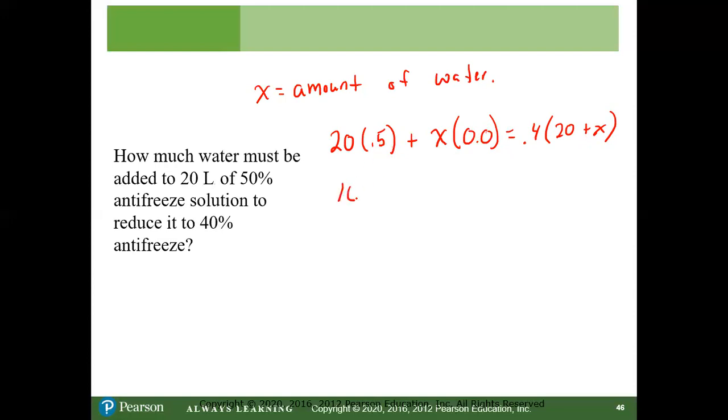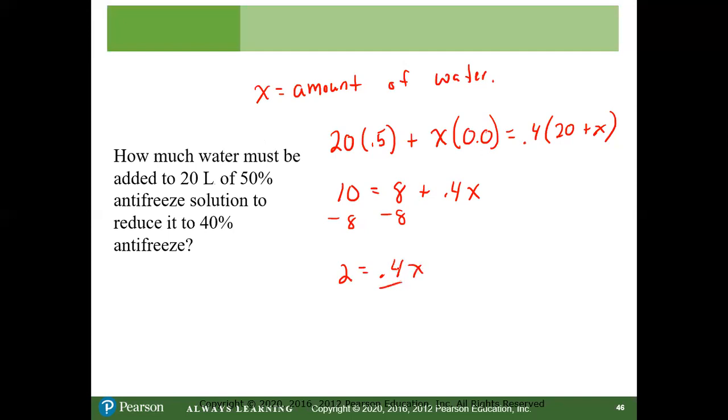So this is going to give us 10. Obviously, this will go away completely, is equal to 0.4 times 20, which is 8, plus 0.4x. Subtract 8, you get 2 is equal to 0.4x.